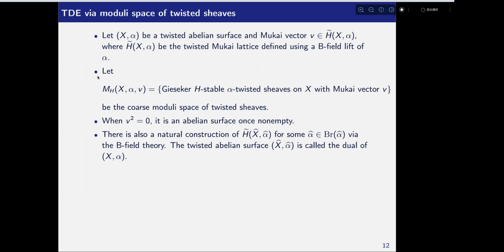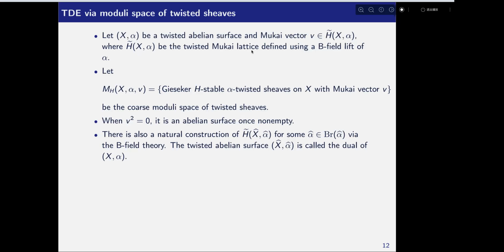So here is just a copy of the theory of untwisted derived equivalence. Roughly speaking, I replace X by X alpha, a twisted abelian surface, and H X by H tilde X alpha. This is the so-called twisted Mukai lattice.